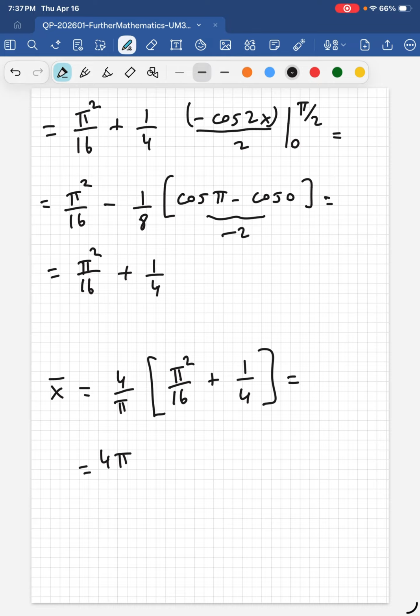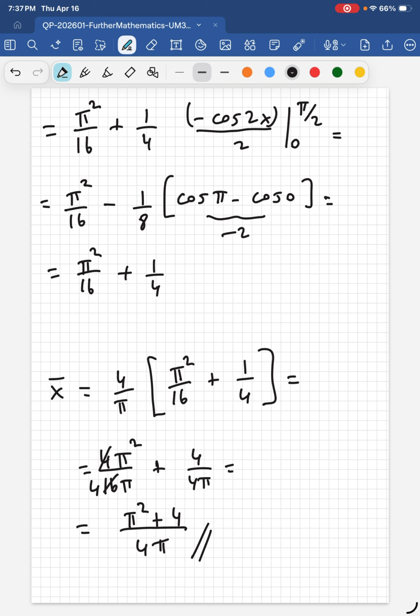So it's 4 times pi squared over 16 pi plus 4 over 4 pi, right? Okay, so let's simplify this to make it 4 pi. So it's pi squared plus 4 over 4 pi. And that's the final answer that matches the mark scheme.